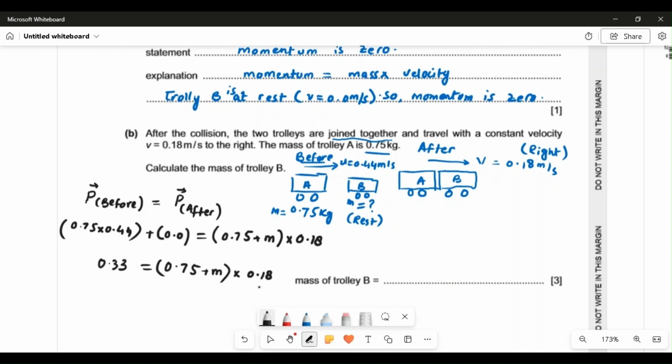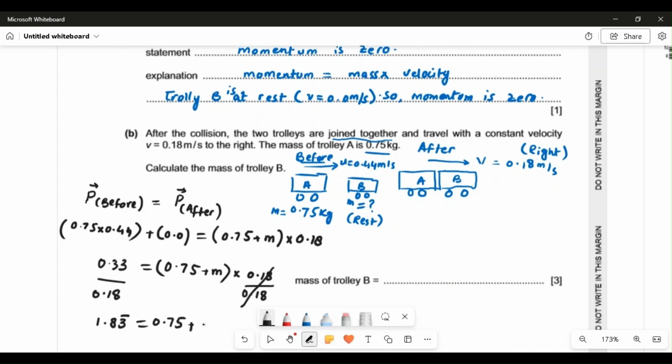As 0.18 is multiplied, I divide it on both sides, so it becomes 0.33 over 0.18. It gives me 1.833 recurring.